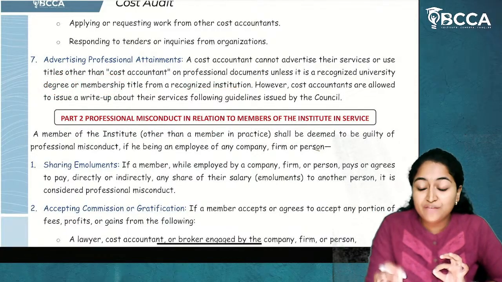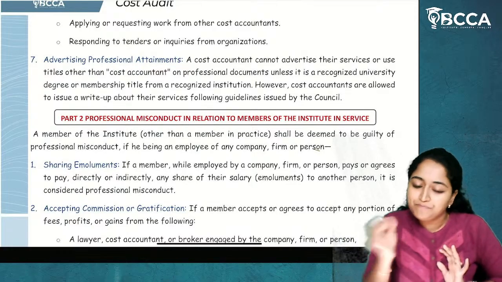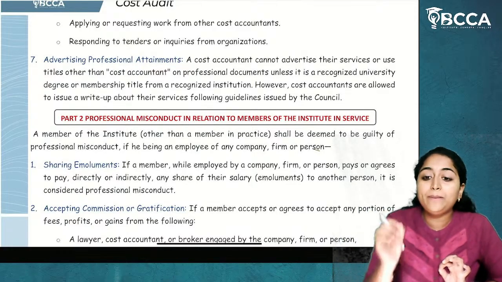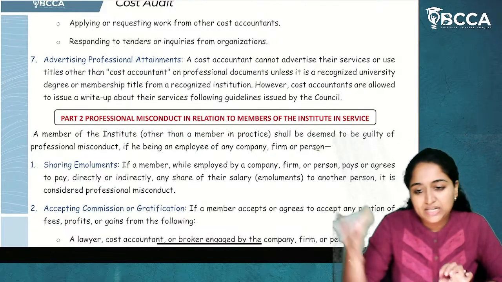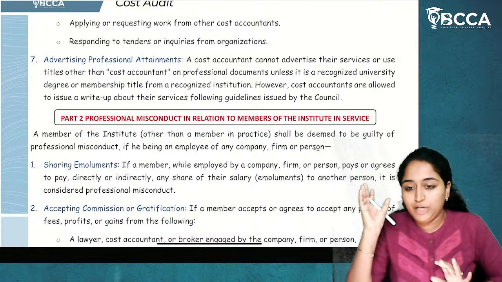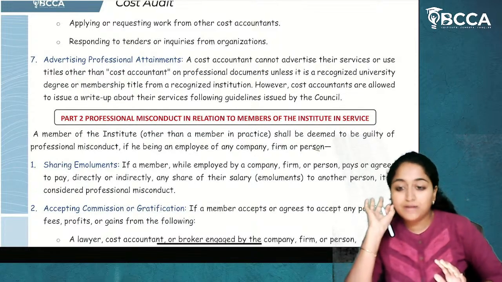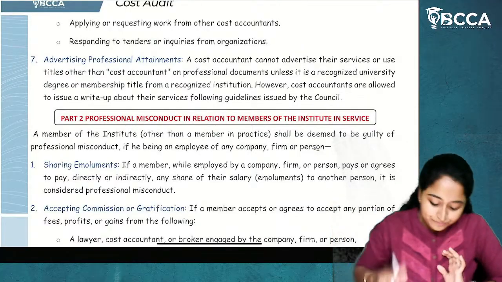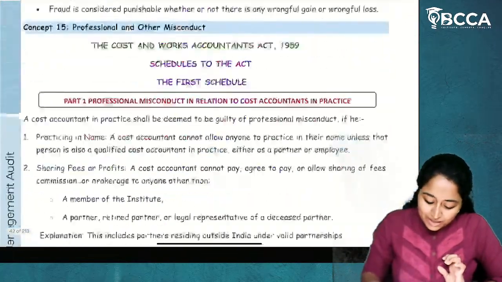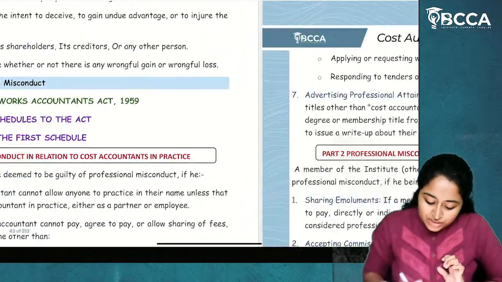If you have a degree from a recognized university, then you can put that degree. If you have a membership title from any other recognized body like CA, CS or any other professional institution, then you can put that before your name. Otherwise, you can't put any qualification before your name. I hope it's clear. These are all given under Part 1 of the First Schedule.